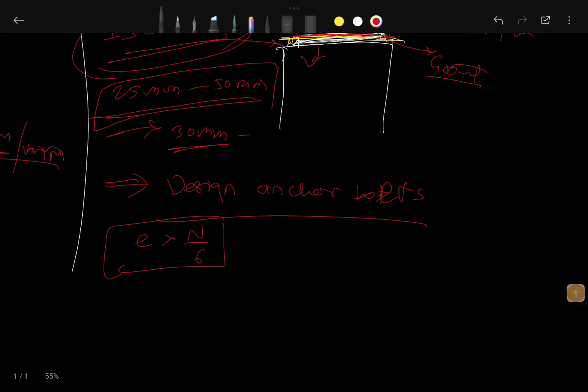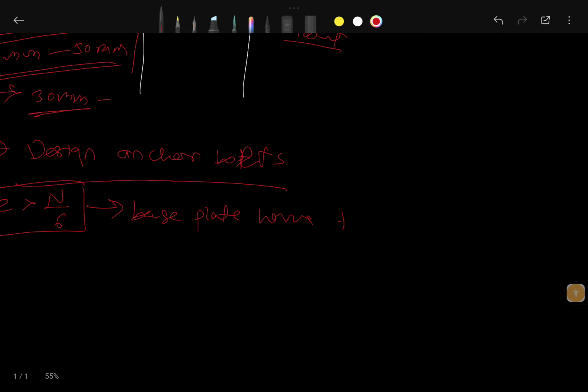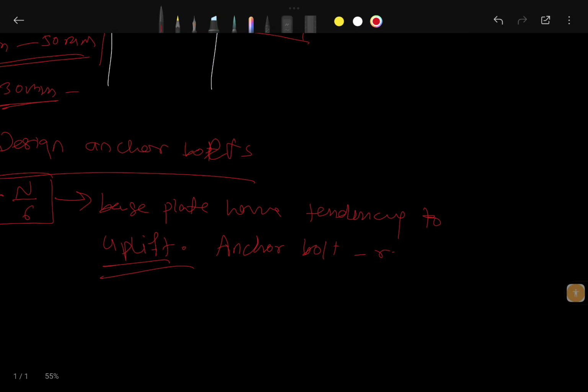If this value comes, it means the base plate has a tendency to uplift. The anchor bolts are required to resist the tensile force. So for anchor bolt design, anchor bolts are required to resist tensile force.